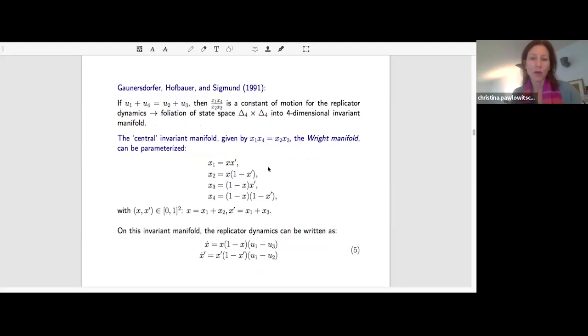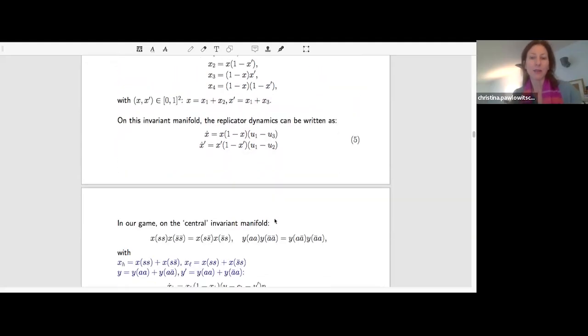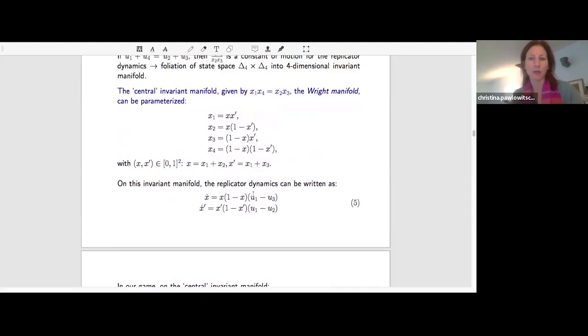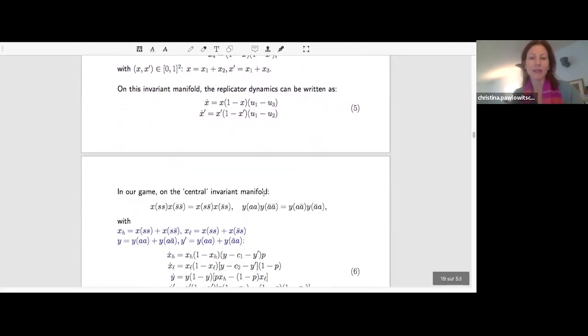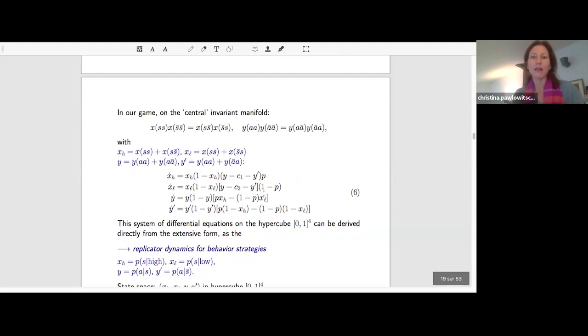And so this allows us to simplify our equations. And by simplifying the equations, more precisely, we can do a parameter substitution. And that allows us to transform the dynamics into a set of equations where we have 4 equations, each with 2 strategies. So it is like saying that instead of looking at the game between 2 populations, each with 4 strategies, we have a game between 4 populations, each with 2 strategies.